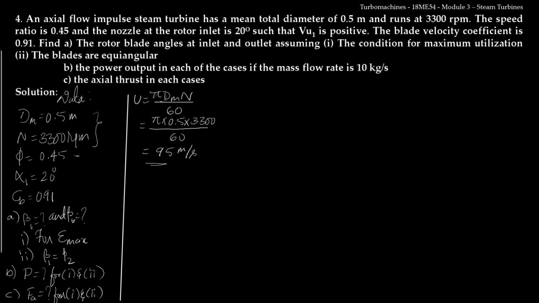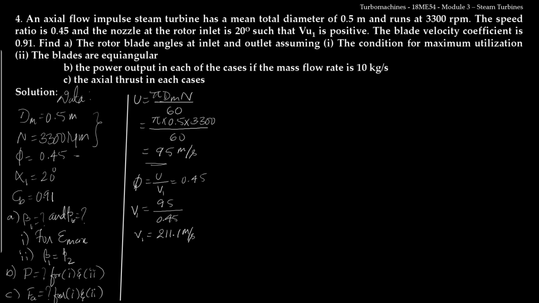So, u is 95 meter per second, and I know the speed ratio phi is given by u divided by V1, which is equal to 0.45, that is given in the data. So, from this I can write V1 will be equal to u divided by 0.45, that is 95 divided by 0.45. This turns out to be V1 equal to 211.1 meter per second.